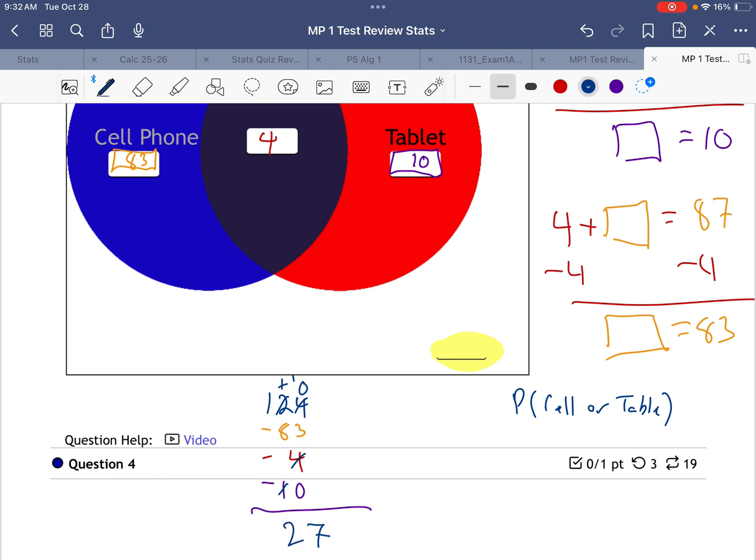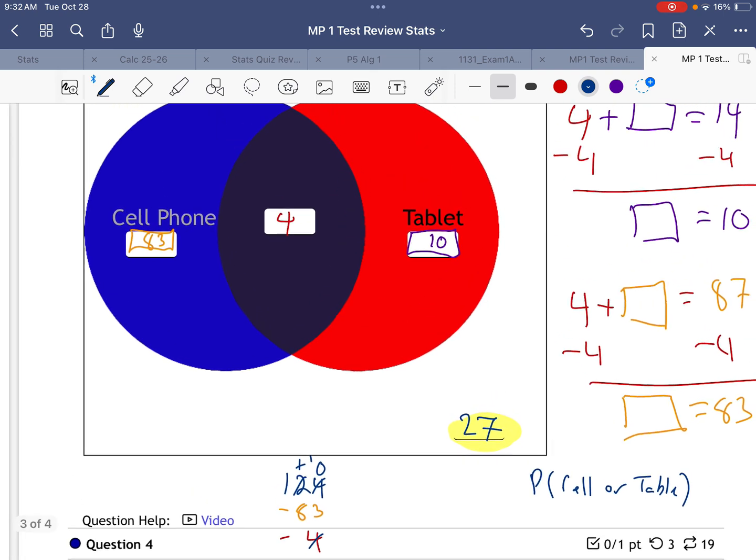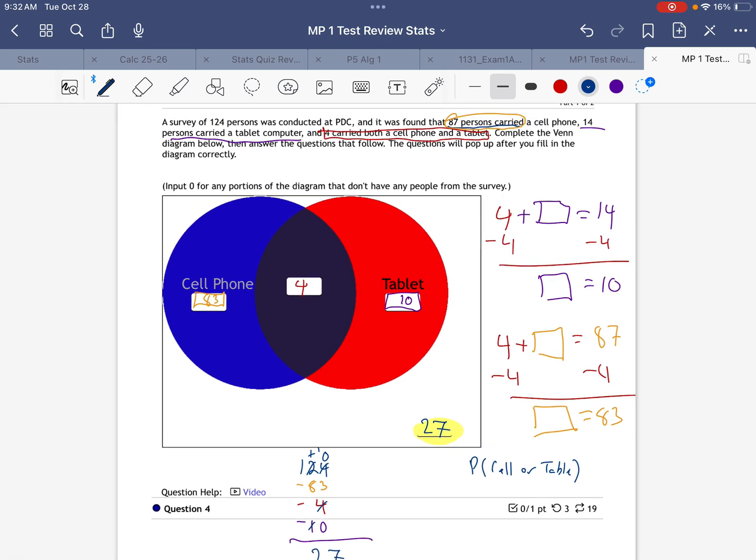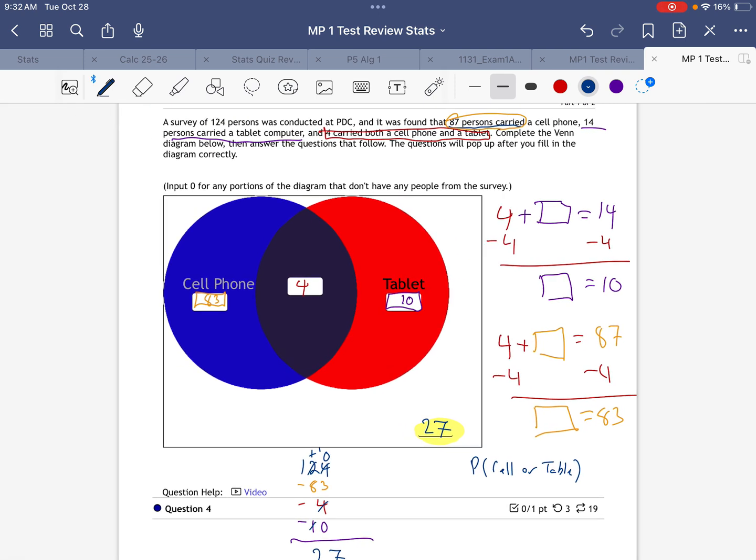This would be 27. So now I've got every part to here. Originally, I was going to include some questions that asked about how many people are this and that. But for right now, for time's sake, we're just going to be setting up and creating the Venn diagram.